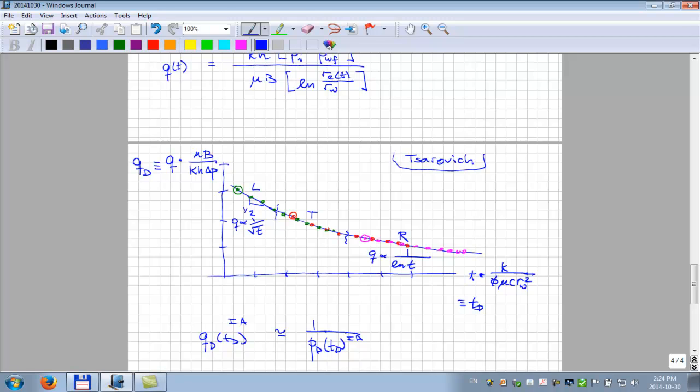And in that solution, and I do hope that Mr. Tom Blasingame hears this video at some point in time, in that solution is the square root of time and nothing else. The square root of time linear flow model is in the original work by Fetkovich.